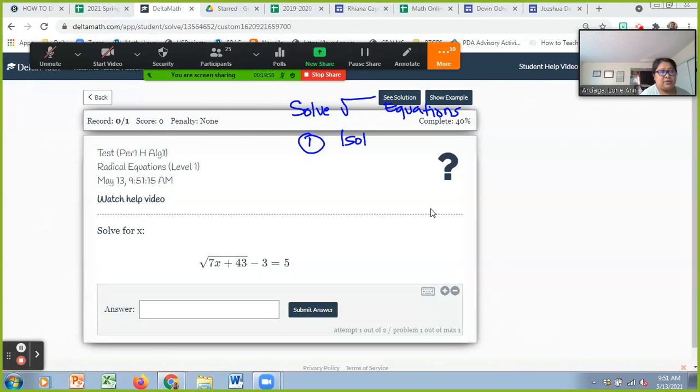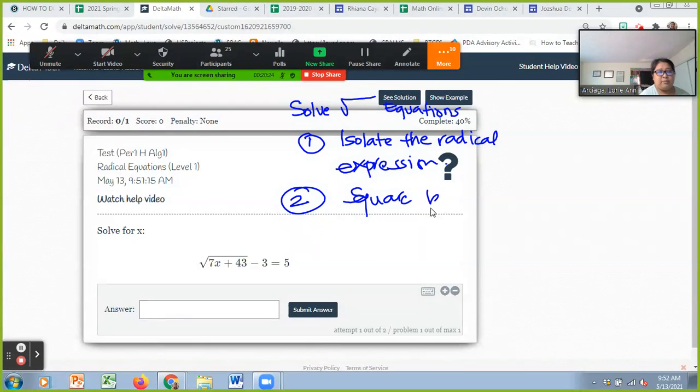So first we have to isolate the radical expression, meaning all the constants have to be together on the right. And then after that, you have to square both sides to remove the radical sign.